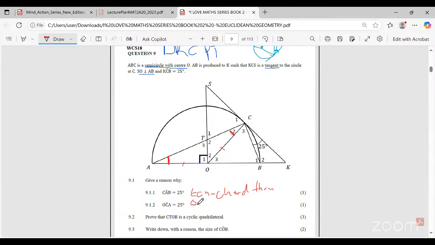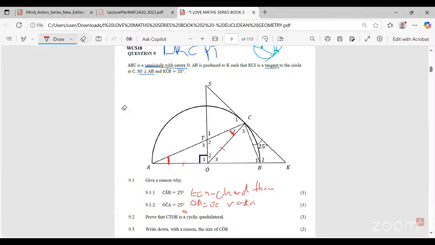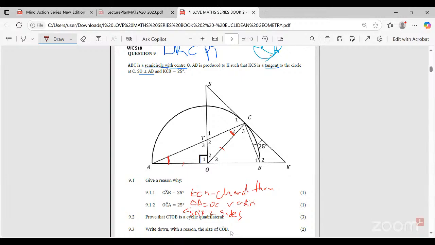Yes, then you can say OA is equal to OC, ready? Yes, sir. And then you come to the conclusion that this is equal to 25 because they are angles opposite equal sides. Angles opposite equal sides. Just like that. Then you are done.